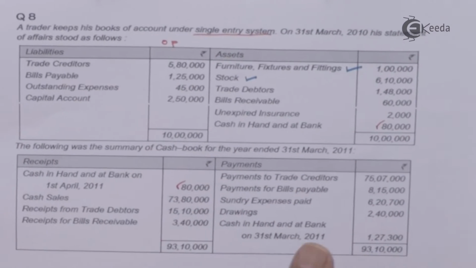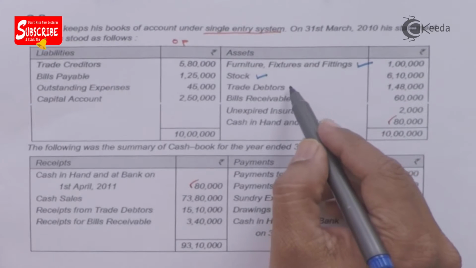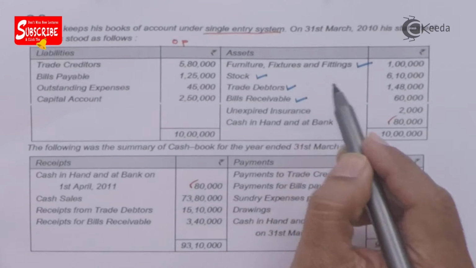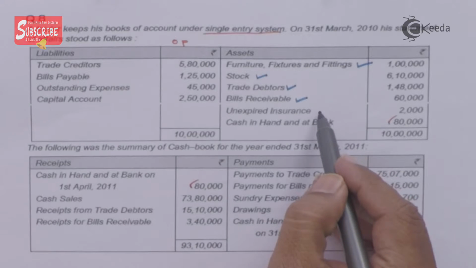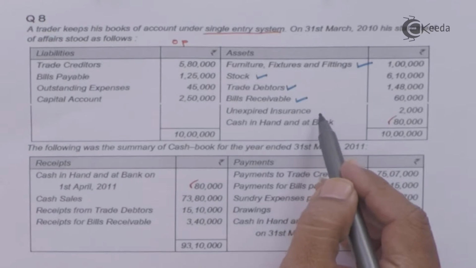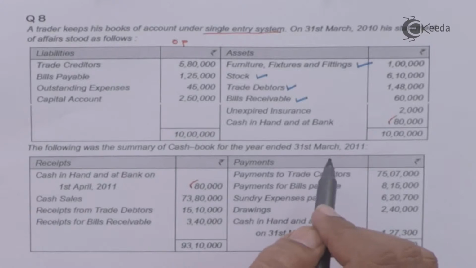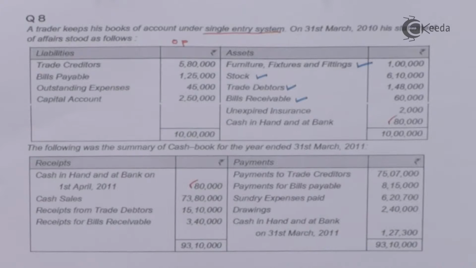So I have noted down trade debtors and bills receivable. Next they give you unexpired insurance 2000. It is prepaid insurance for the next year, that means it is for current year. So I am noting down insurance now.